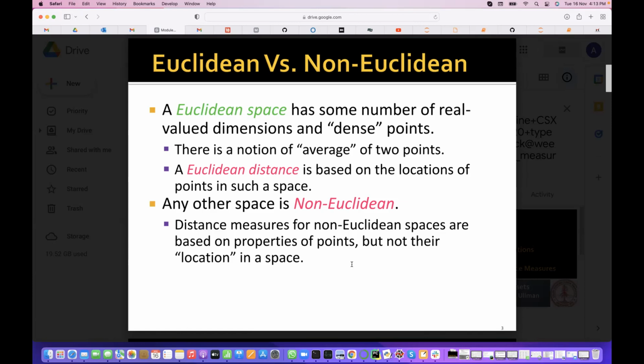For example, whether address matches, name matches, like that. There is no distance between 2 different addresses, how much they differ. In Euclidean, you can say one is at 5, the other at 7, the difference is 2. In non-Euclidean, you cannot say the difference between 2 points.